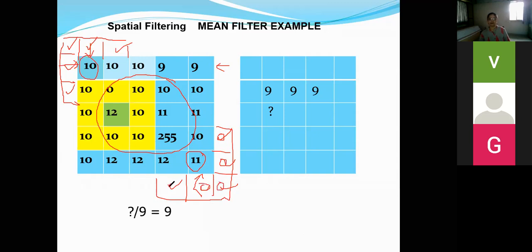This we can do by zero padding the image. We can consider that the image is surrounded by rows and columns of zeros, so that we can determine values of the pixels which are on the border. So one of the assumptions is that the image is surrounded by zeros.